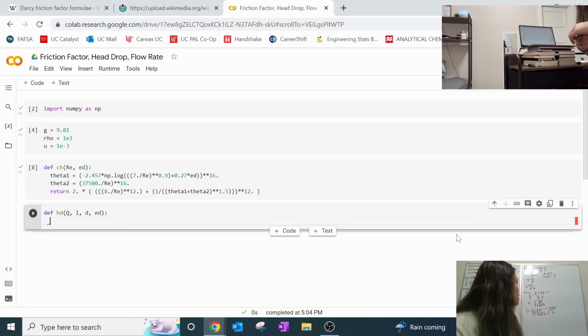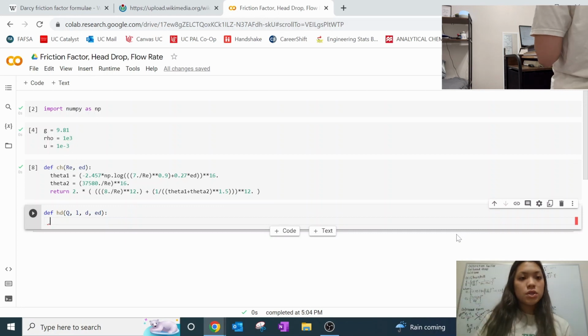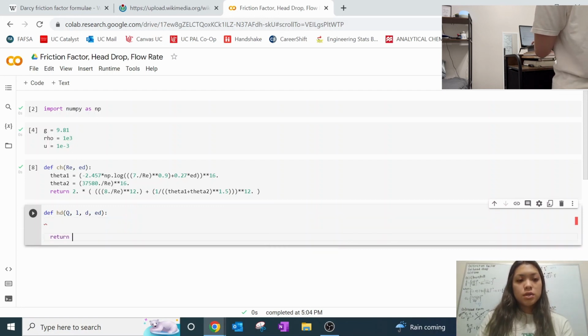And so we need the flow because of the velocity, and then the length, the diameter, and the roughness all go into the actual formula as well as the friction factor. And so first, we want it to return to us this final equation down here.